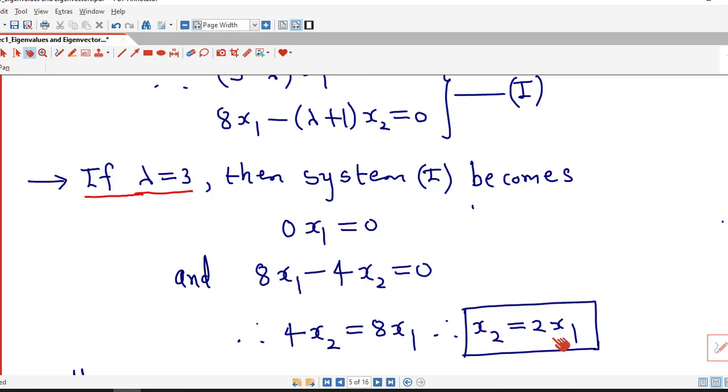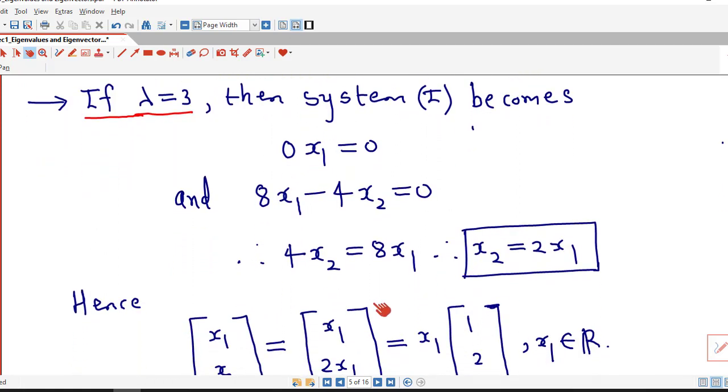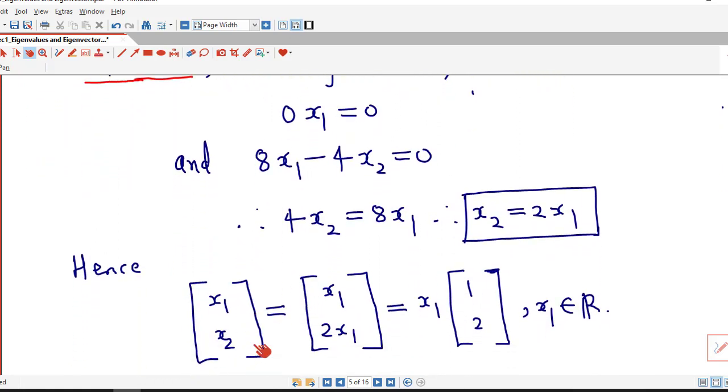So x1 is any real number and x2 depends on x1. We can rewrite our eigenvector as (x1, x2) equal to: we keep x1 as it is and replace x2 by 2 x1, and if we take x1 common, we have (1, 2). So these are the eigenvectors corresponding to eigenvalue lambda equal to 3, where x1 is any real number.